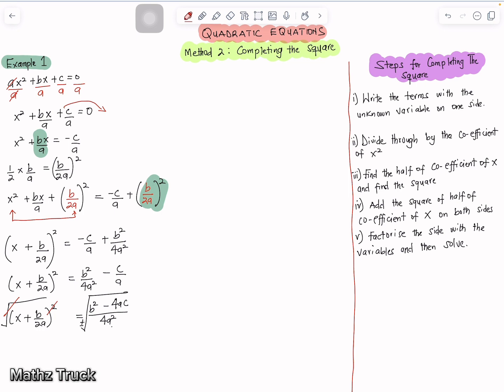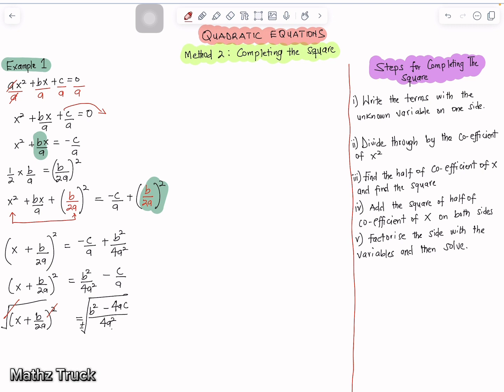Now you will have the new expression as x plus b over 2a equals plus or minus the square root of b squared minus 4ac over 4a squared. Now 4a squared can further be simplified.